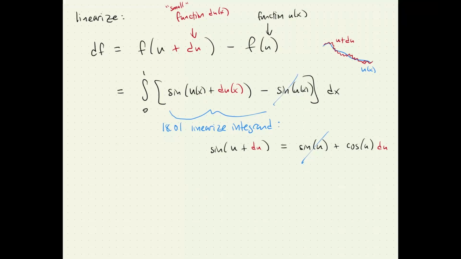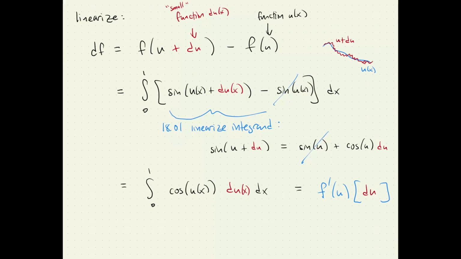Right? So what this is, is the integral from 0 to 1 of what's left: cosine of u of x du dx. And this is exactly a linear operator. This is f prime of u acting on du, right? Sorry, and again, I should put a du of x here.